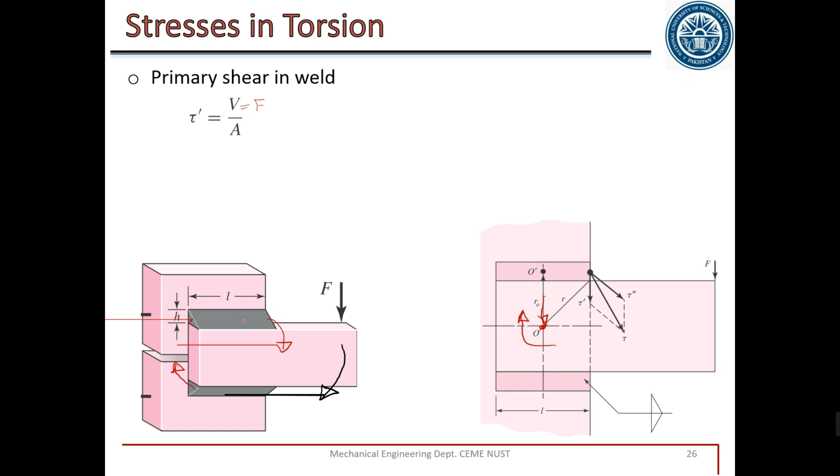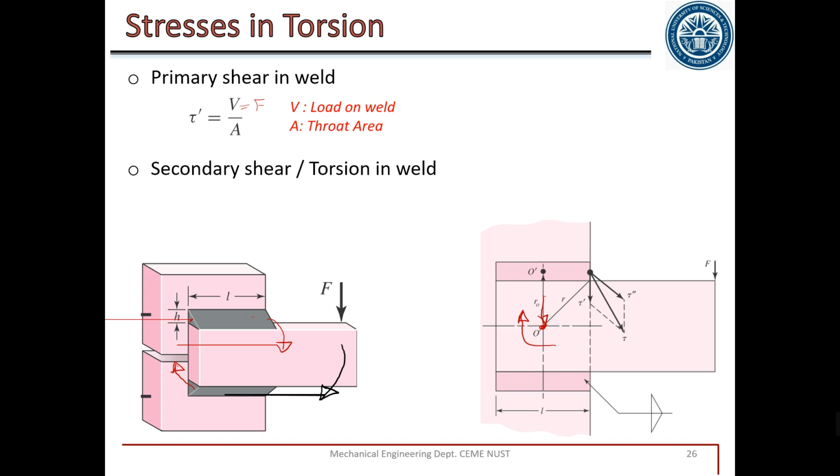This length multiplied by thickness plus this length multiplied by thickness. So the total area will be the area of one weld multiplied by 2. This thickness is T, which is H cos theta or H sin theta multiplied by length, plus H cos theta multiplied by length.